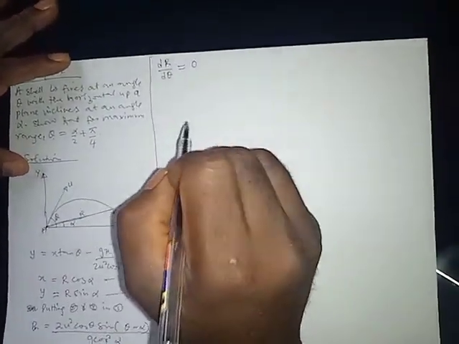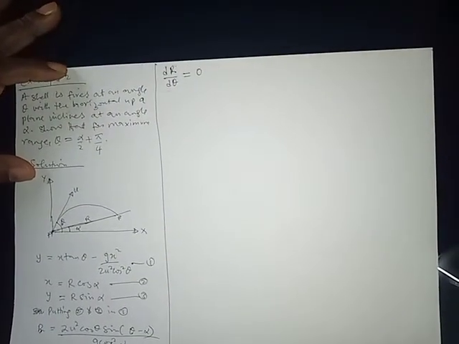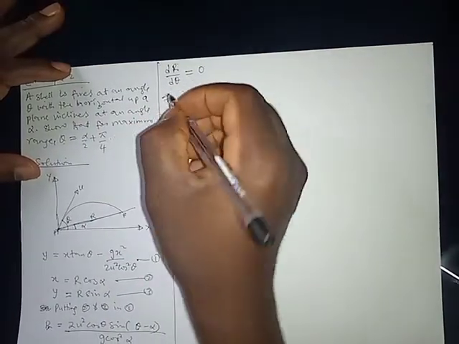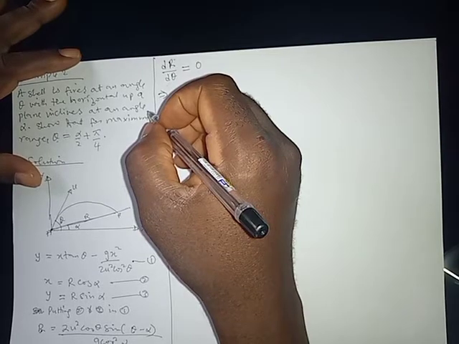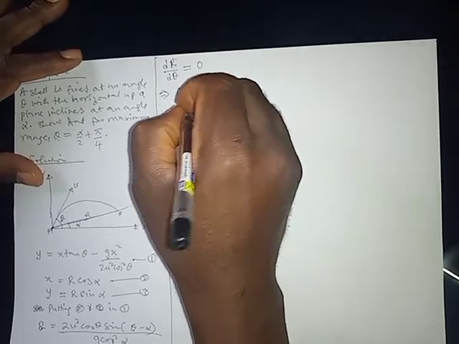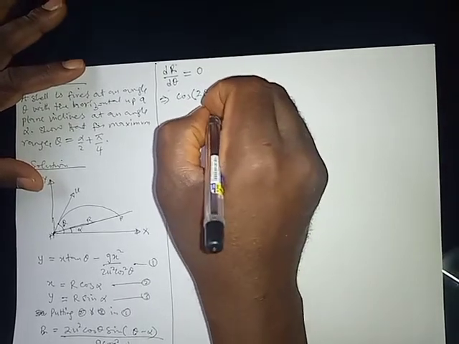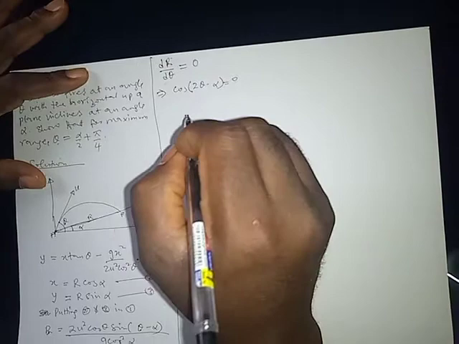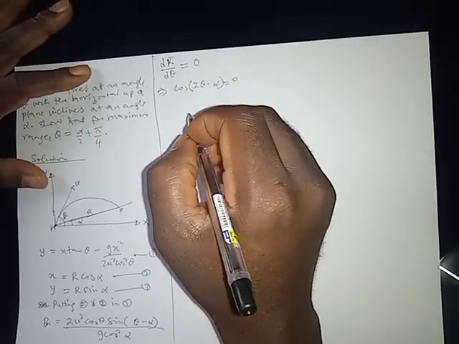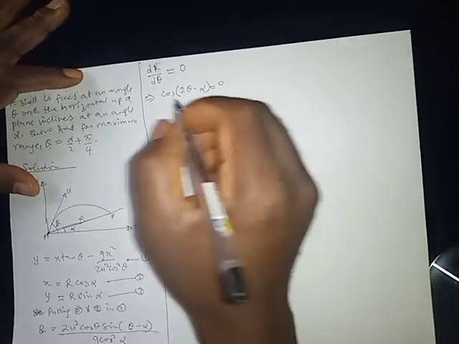So we'll perform this action on R here. If we do that, what we get from there is cos of 2 theta minus alpha, which is equal to 0. We can work around this to get theta out.